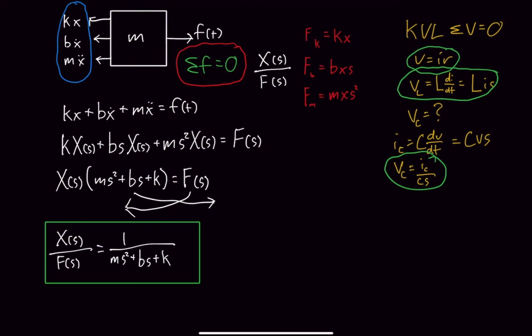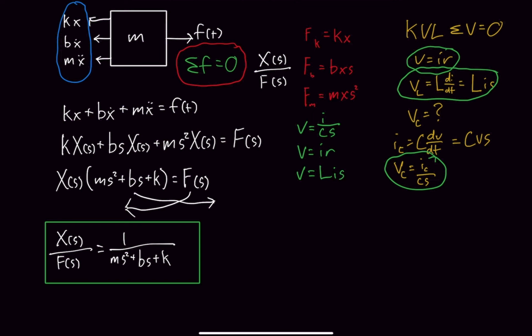So in this example, let me go ahead and put V equals IR. So that's our first one. But we also know that V is equal to I over Cs. And I also know that V equals LIs.